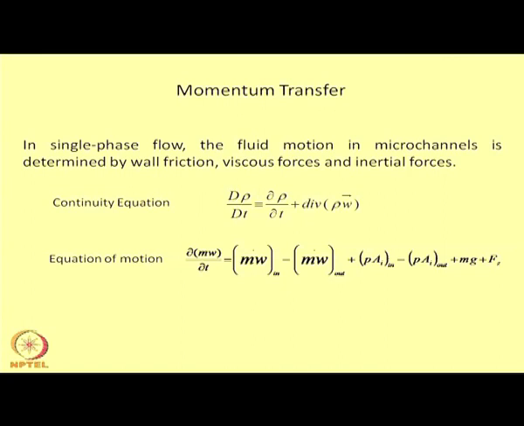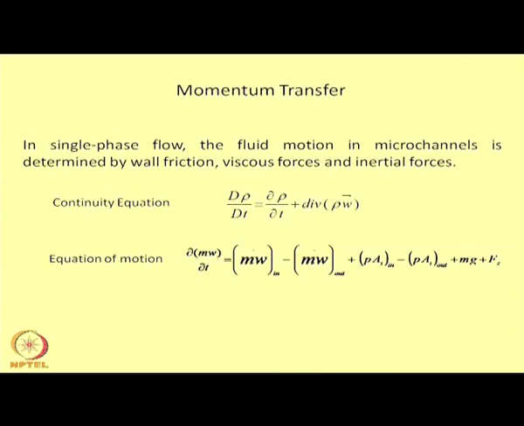For the case of the equation of motion, what we have on the left hand side is the transient effect, which is del t of m w, and on the right hand side it is basically a sum of several factors. The first two are the net addition of momentum to the control volume as a result of convection as well as conduction.